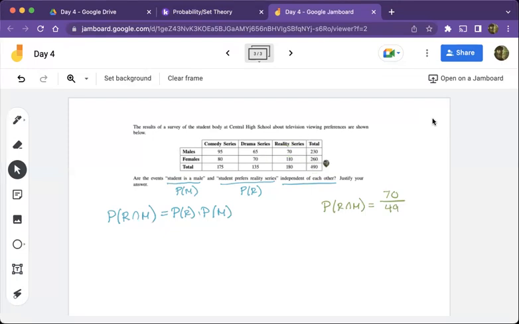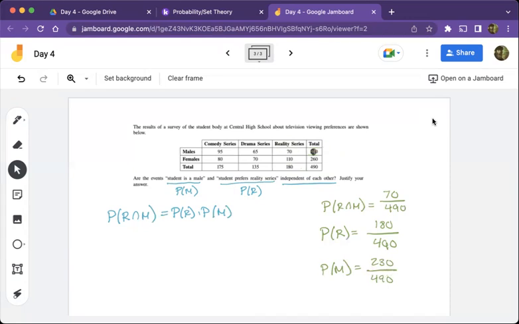Now, what is the probability of reality series? The probability of reality series, which includes male and female, is 180, and the total is 490. Lastly, the probability that they are male is the total males, which is 230, divided by the total people, which is 490.